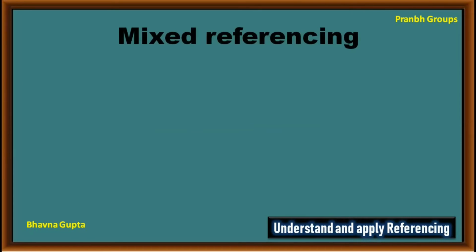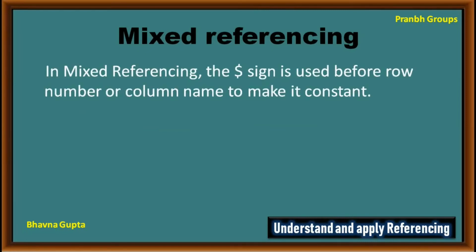Second one, referencing is mixed referencing. As we have seen, when we drag the formula, the row number or column name gets changed in relative reference. In mixed referencing, the $ sign is used before the row number or column name to make it constant.